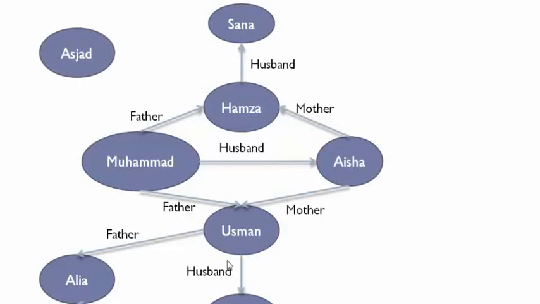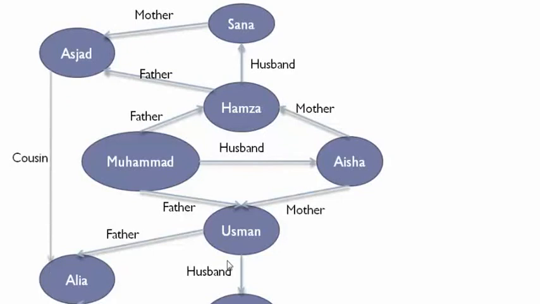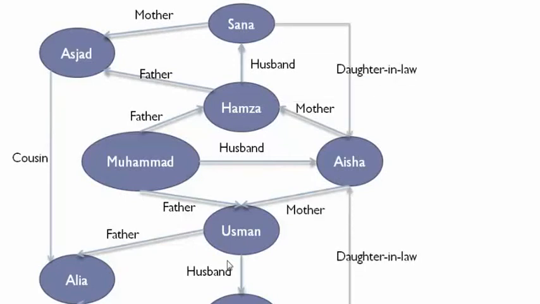Now we have Asjad. Hamza is the father of Asjad, and Sana is mother of Asjad. And the relationship between Alia and Asjad is of cousin. And likewise, Sana and Husna, they both are daughter-in-law of Aisha.